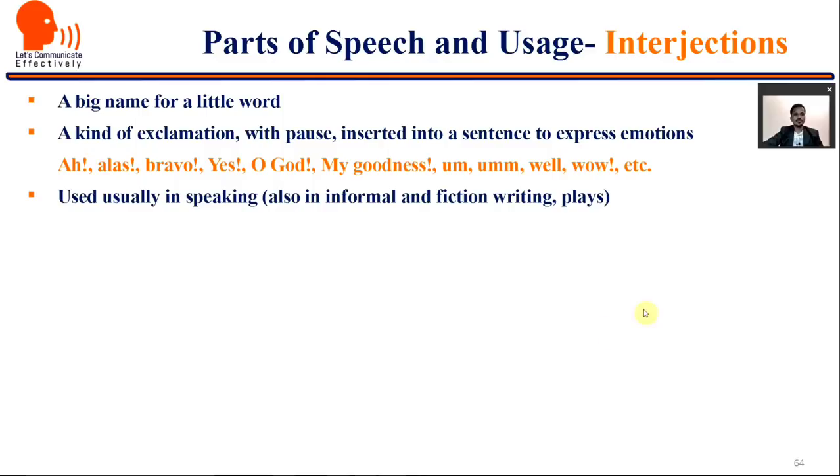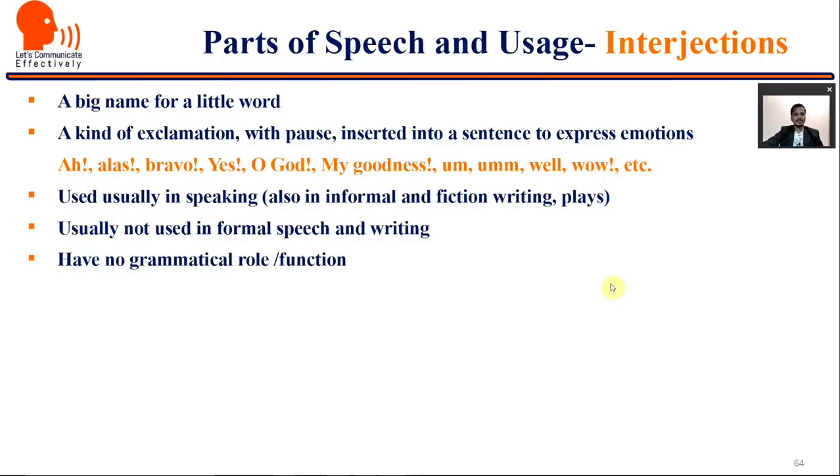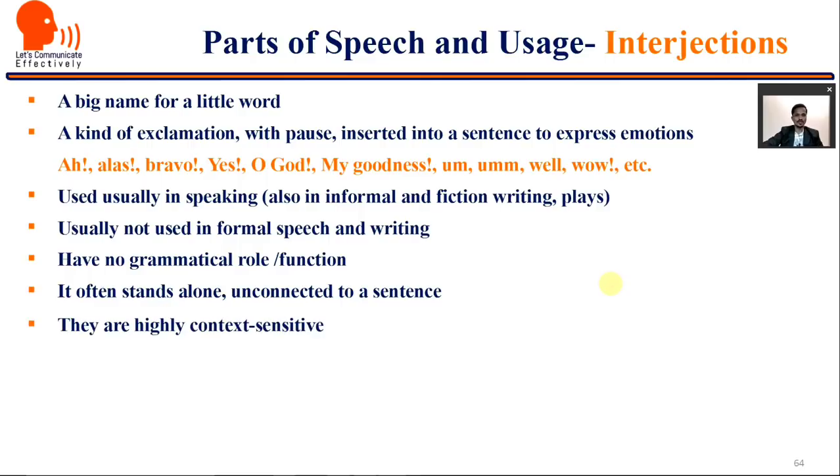They are used usually in speaking, also in informal and fiction writing and plays or dramas, and they are usually not used in formal speeches or formal writing. They do not have any grammatical role or function, and they often stand alone, unconnected to a sentence. If we remove them, it does not make much difference to a sentence.